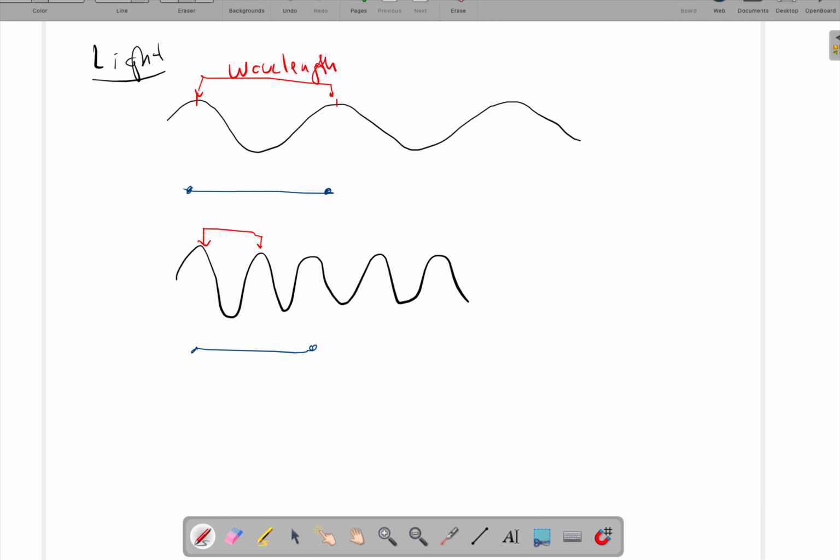Okay, for that top one, within that distance, I got 2 peaks. Within the bottom one, I got 3 peaks. So what we're talking about is the frequency at which I get those peaks. The number of peaks per a unit, usually a unit of time. This is what's known as our frequency.